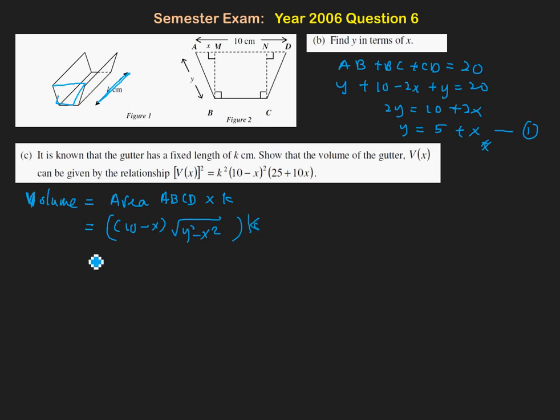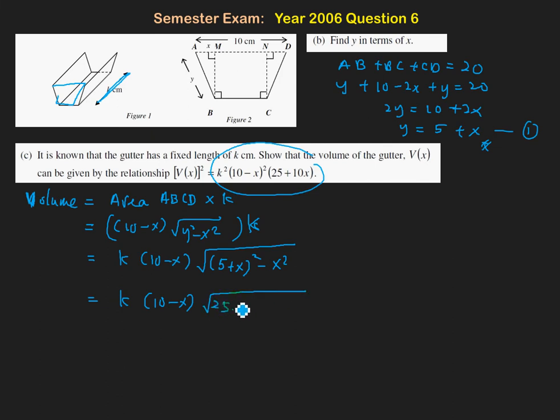So this is k(10 minus x), but you do realize that y is in fact 5 plus x as given in equation 1 here. So this is the square root of (5 plus x) squared minus x squared, and our aim is that we want to show that we can get to here. Expanding this carefully, you have plus x squared minus x squared, and these two terms cancel each other.